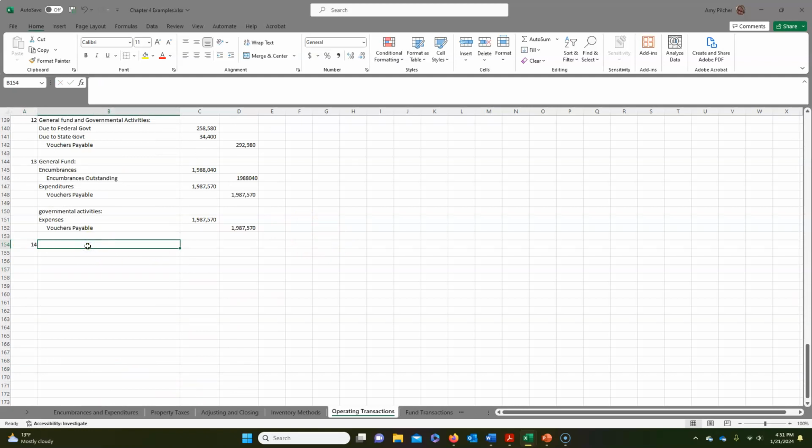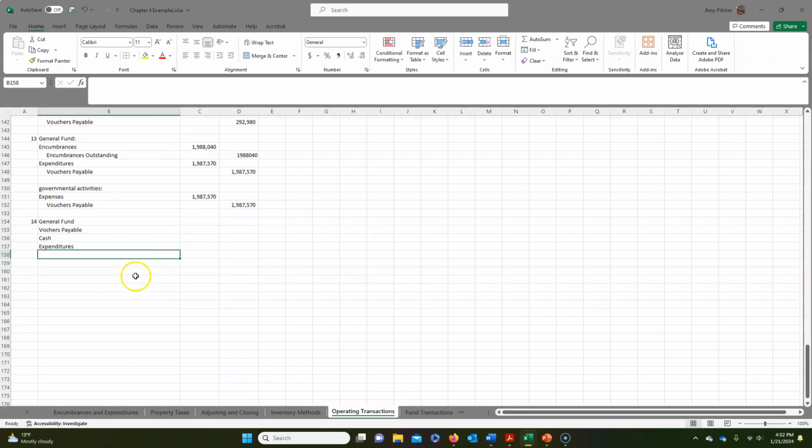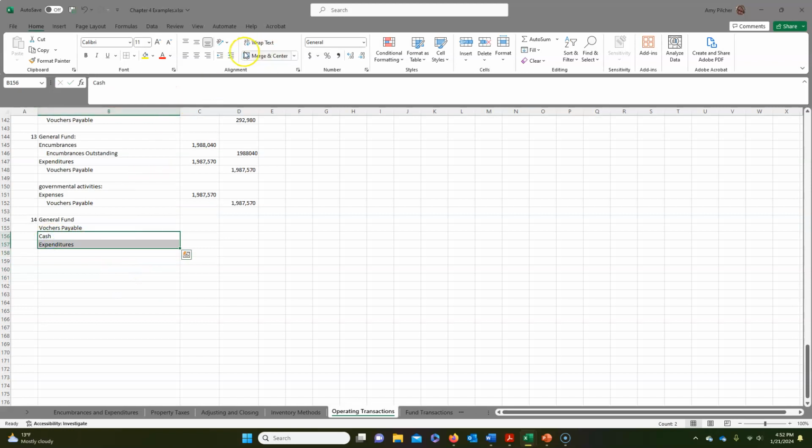So in our general fund, we have vouchers payable, cash, and then we reduce our expenditures by the amount of the purchases discount. And of course, the cash that we paid is the difference between the two.